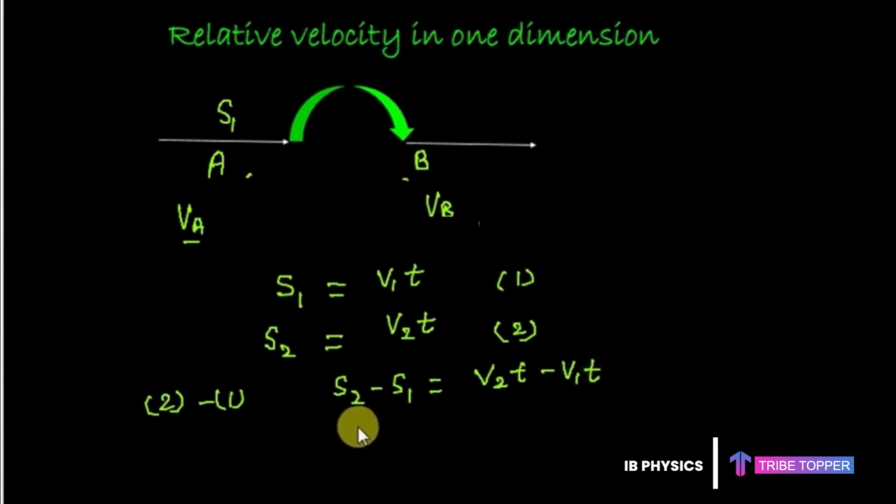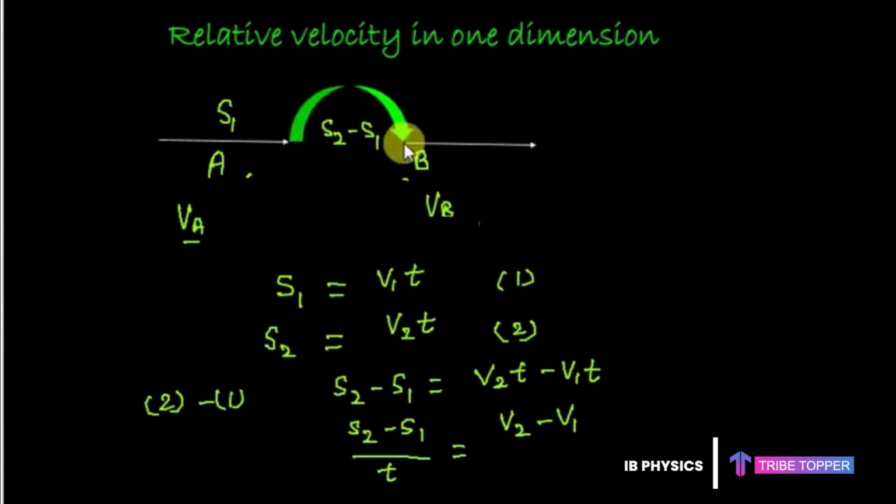If we take t common and bring it down, we get (S2 minus S1) upon t is equal to V2 minus V1. Now what is this S2 minus S1? This arrow I've drawn shows that the difference between the two is S2 minus S1, the gap between the two.